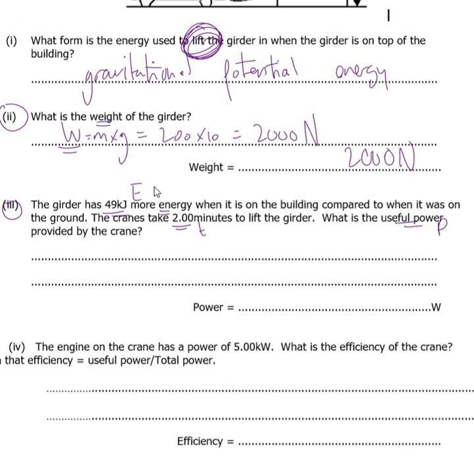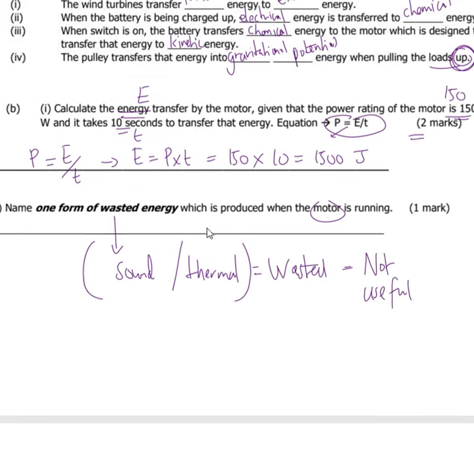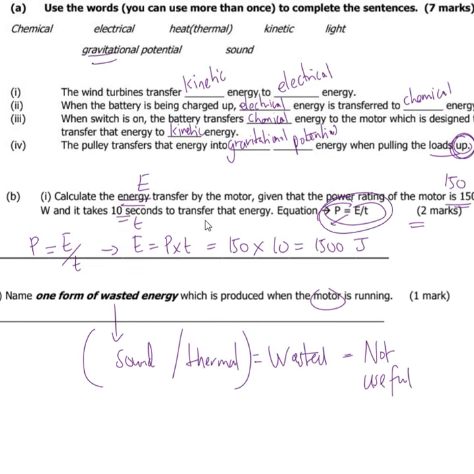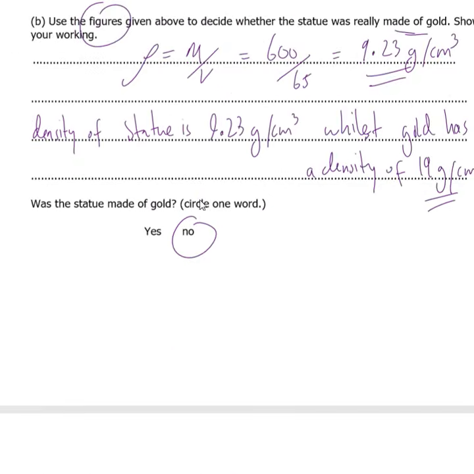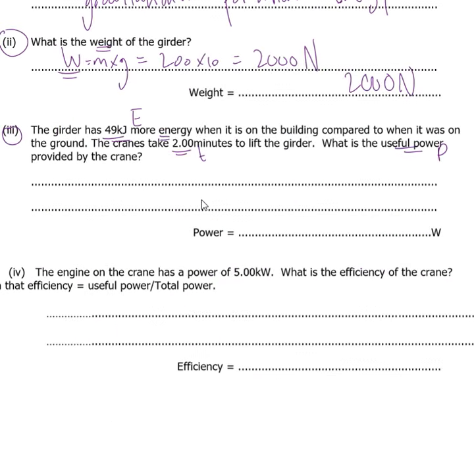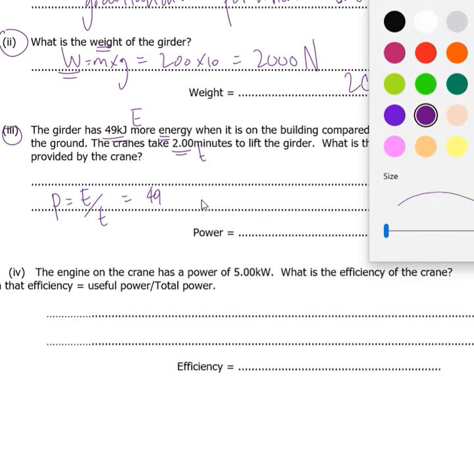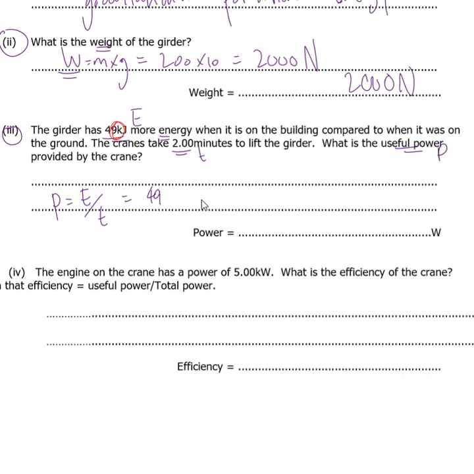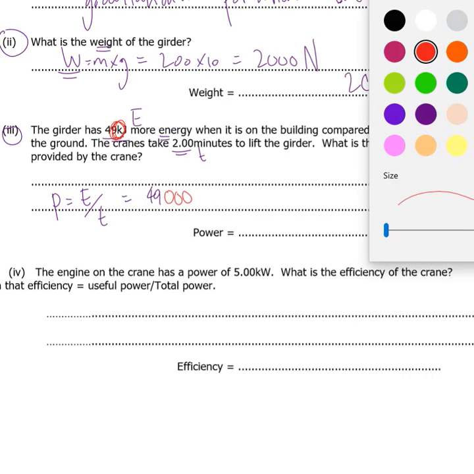So for this one, I need to go back to the other question. So look, this is the equation. Power is equal to energy over time. So I'll go back down here. I have power is equal to energy over time. So energy is 49. Now remember, there is kilo. So kilo, I need 1, 2, 3, so 1000.